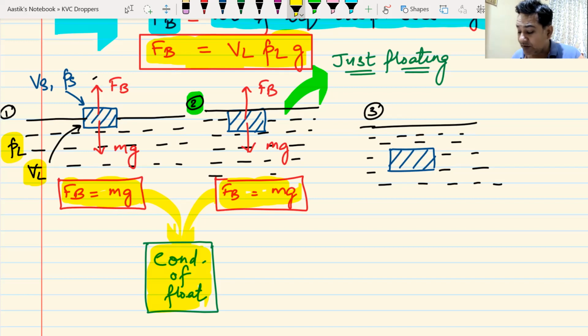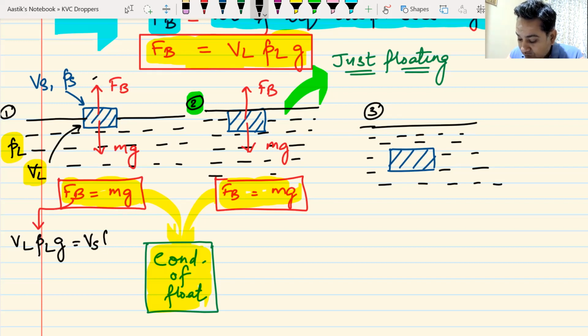Now I use this equation that FB must be equal to mg. What is FB here? Buoyant force. Buoyant force is VL into rho L into g. Yes or no? Yes, sir. What is the weight?